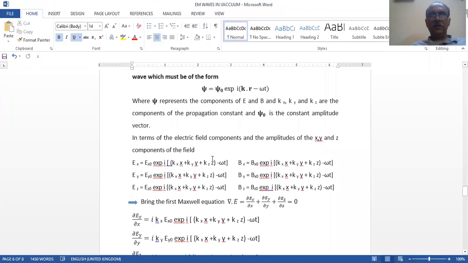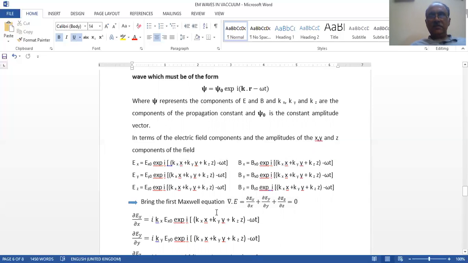In terms of the electric field components, you can write Ex equal to Ex0, the amplitude of the x component, exponential i kx into x plus ky into y plus kz into z minus omega t, similarly for Ey and Ez. You can write similar components for Bx, By and Bz.